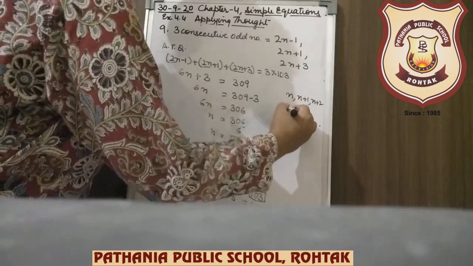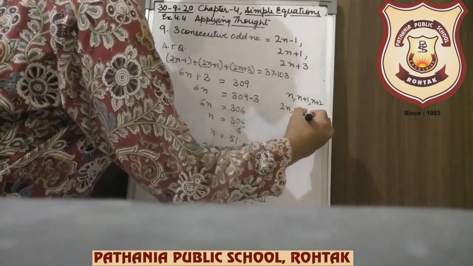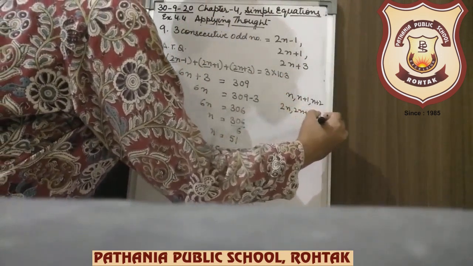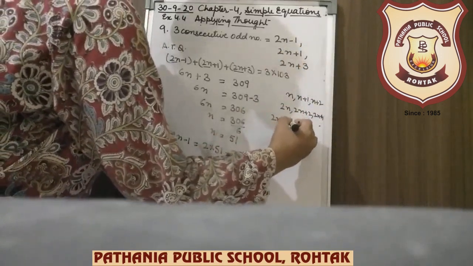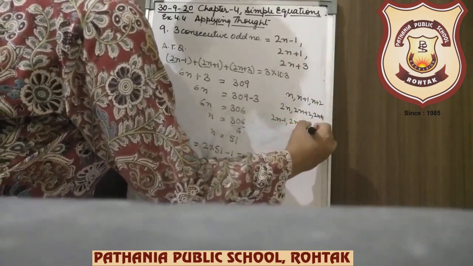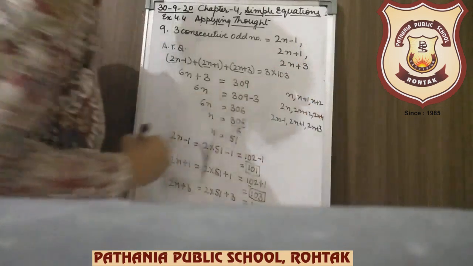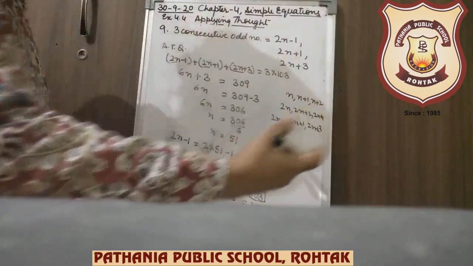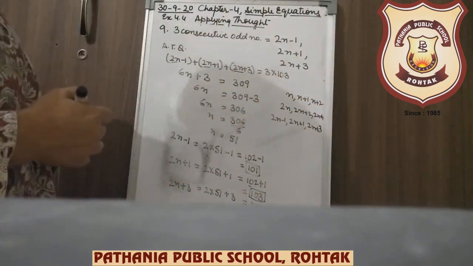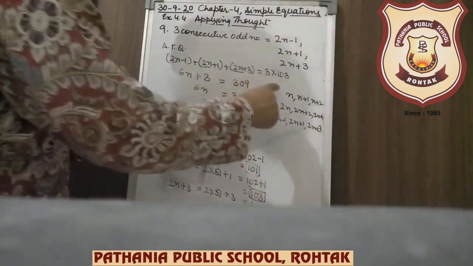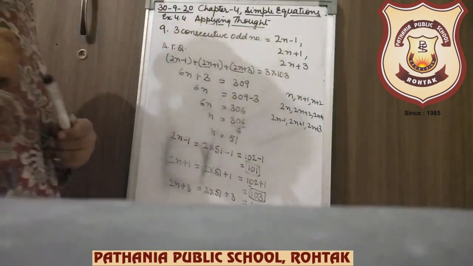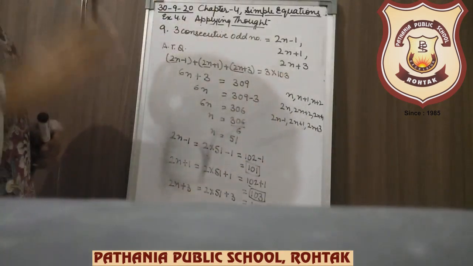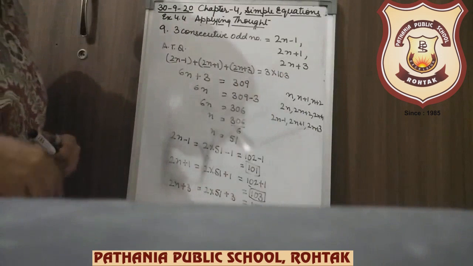Even numbers 2n, 2n plus 2, 2n plus 4, and odd 2n minus 1, 2n plus 1, 2n plus 3. Next will be 2n plus 5. So like this, the series is of just consecutive numbers, even numbers, odd numbers. Clear? So keep this in mind and do your exercise.